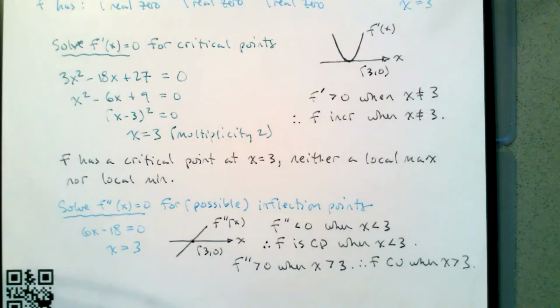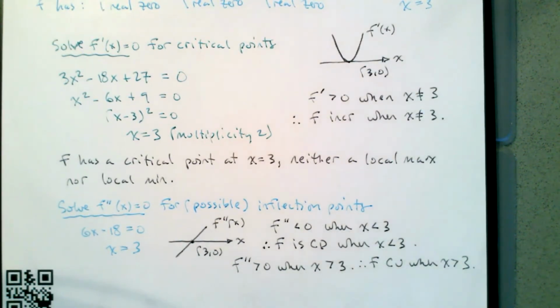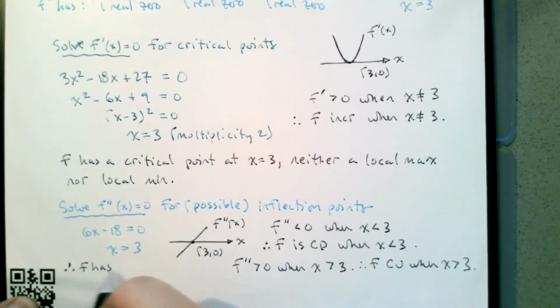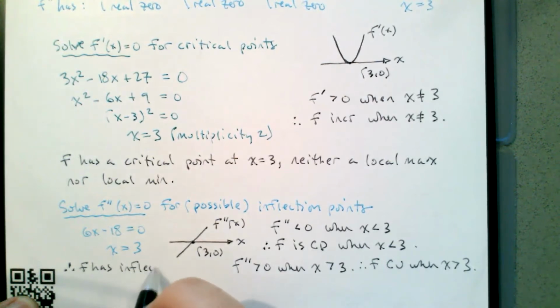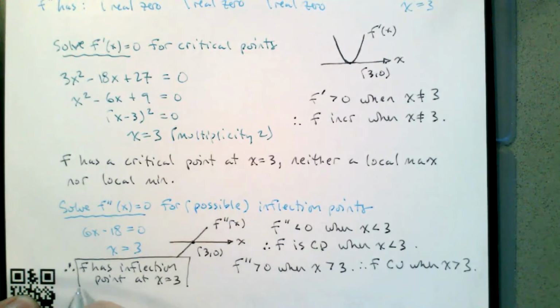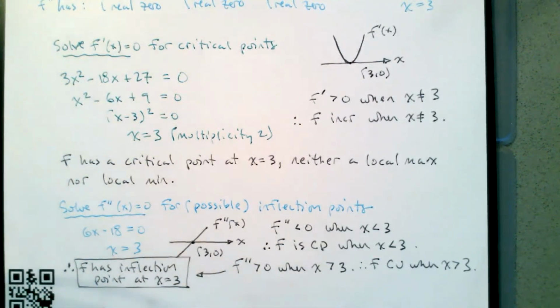Therefore, f is changing concavity at 3. So f has an inflection point at 3, because the function is changing concavity.